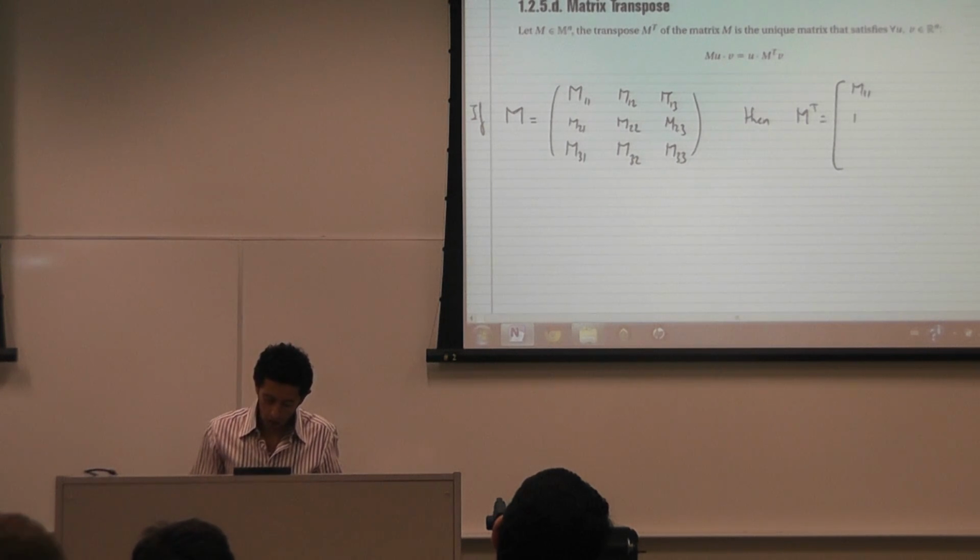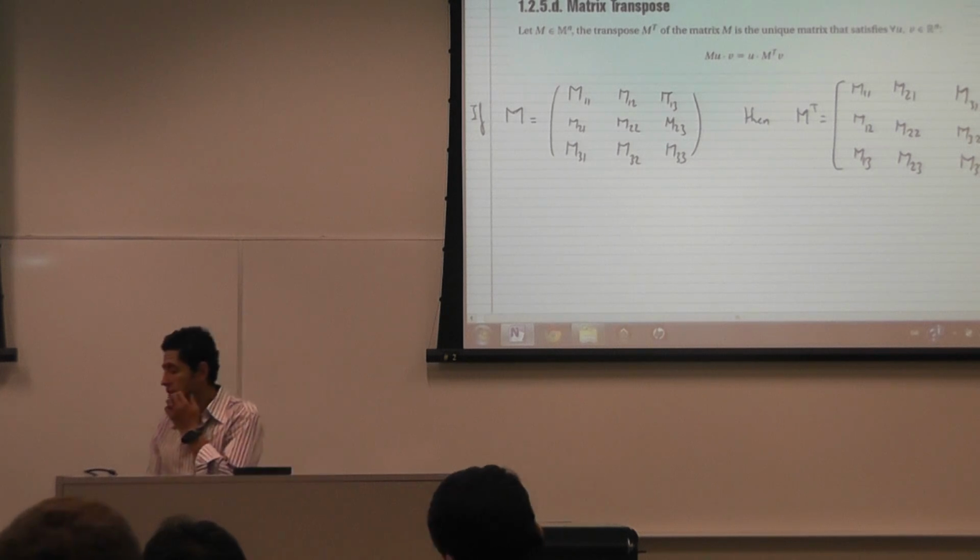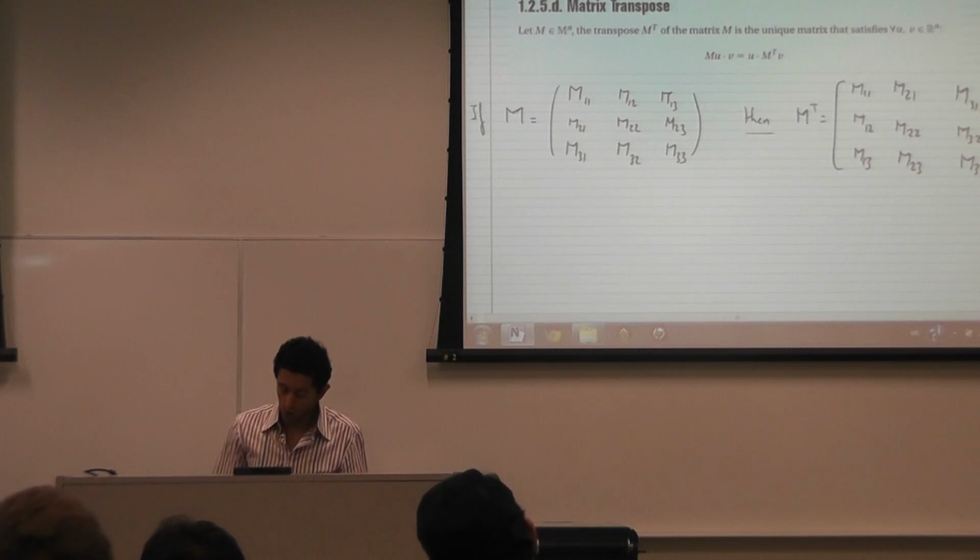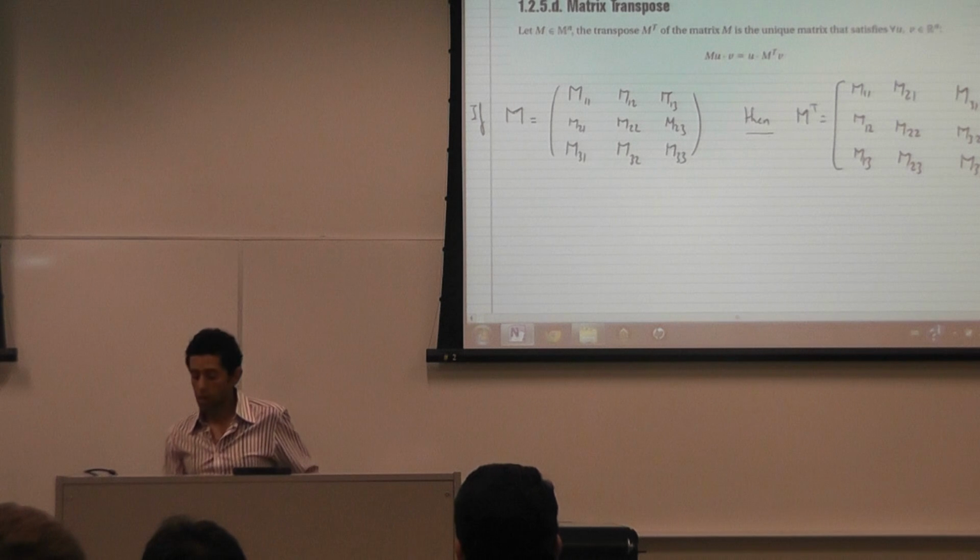You take every row and make it into a column, every column and make it into a row. This is the definition that you are used to from your linear algebra courses.